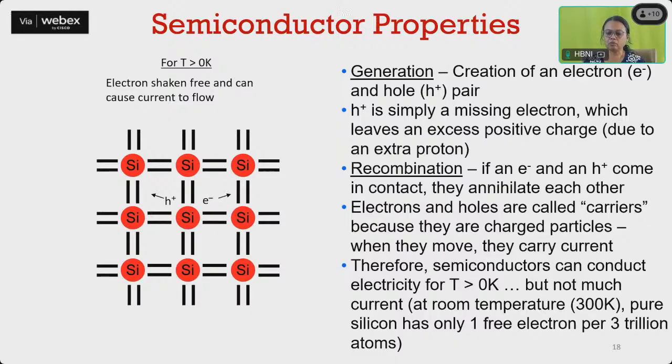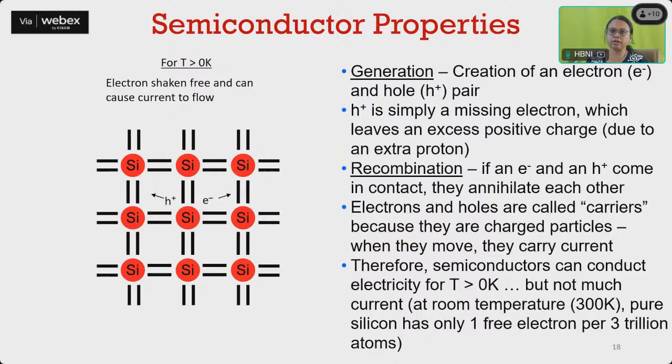So it can be taken as an excess positive charge. When an electron and a hole come in contact, they annihilate each other and become neutral. These electrons and holes are the charge carriers, because they carry the current in the semiconductor. Therefore, semiconductors can conduct electricity at temperatures greater than 0, but not much current.